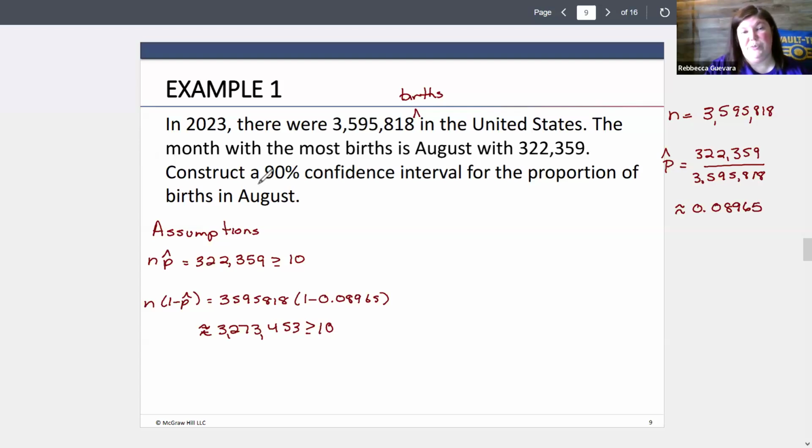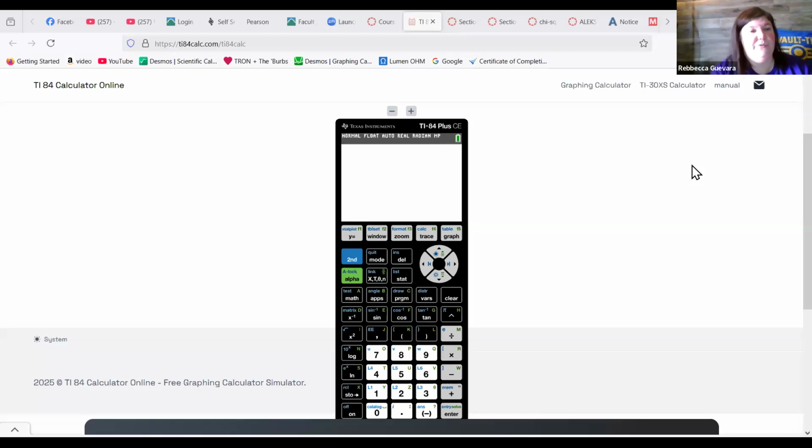All right, so before we do anything, we need to figure out what a 90% confidence interval again is. So we're just going to quickly go through that again. So just a quick review with the calculator, what we're doing here. So we got a 90% confidence interval, meaning 90% is exactly in the center here.